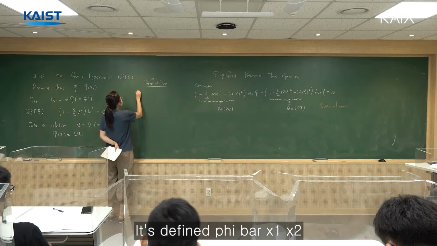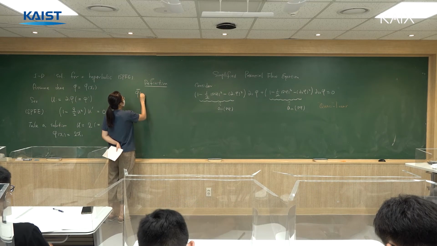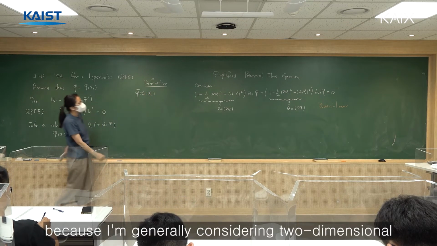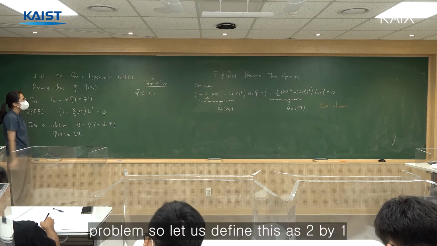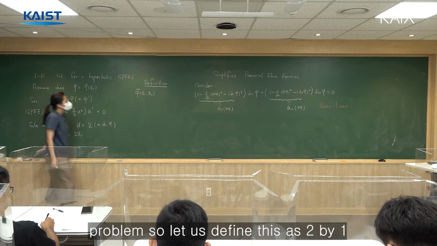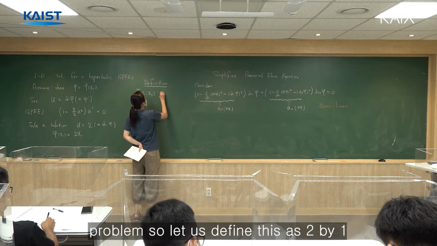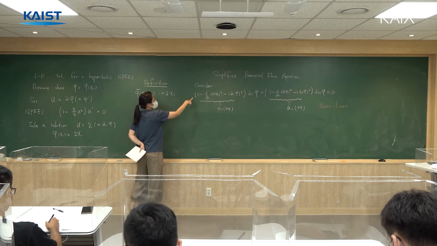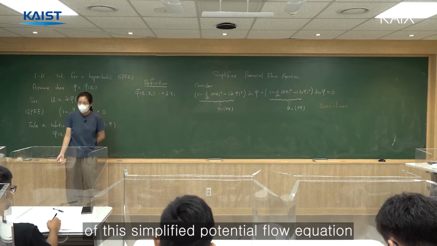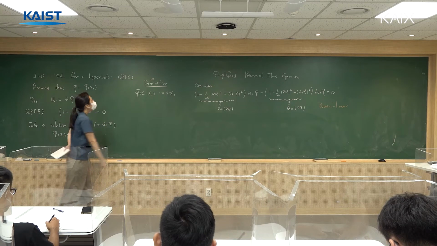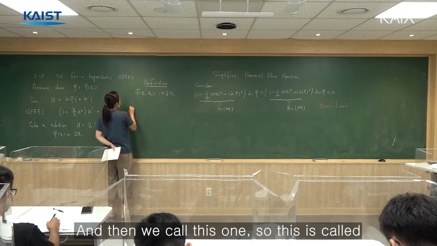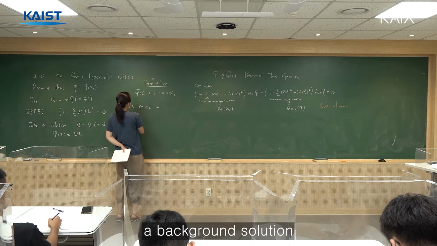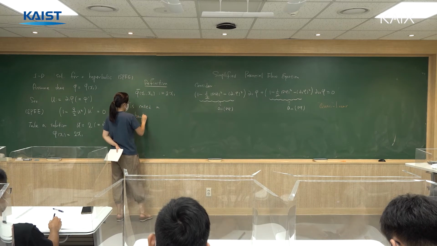It's defined phi bar of x1, x2, right? Because I'm generally considering a two-dimensional problem. So let us define this as a function of x1, which is basically a one-dimensional solution of this simplified potential flow equation, okay? And this is called a background solution.